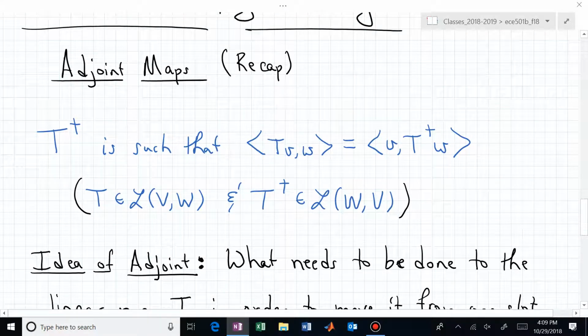I'm going to scroll just for a little bit because this is a review, so we can get through it. But adjoint maps are such that we have this equality relationship with inner products. And inner products can be different for given spaces. On some of the practice exams, I might have said, is this a valid inner product?